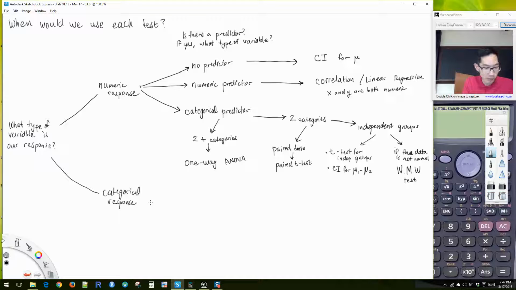With a categorical response, we've got the same question: is there a predictor? We've got no predictor, and I'm going to go a little bit out of order here, categorical predictor, and then numeric predictor.